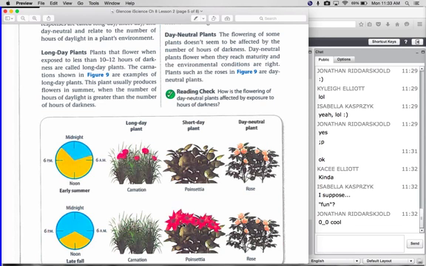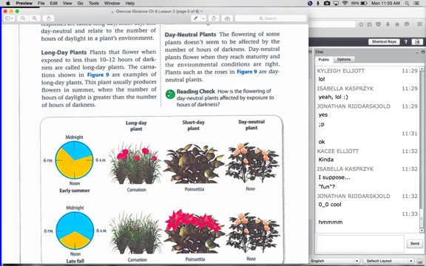But then you have another plant and you build a box and you put that plant inside of the box. Then you give the carnation shorter amounts of light than the other plant. I'm wondering if it's not going to bloom, whereas its friend outside the box will bloom because it's getting the right number of hours.